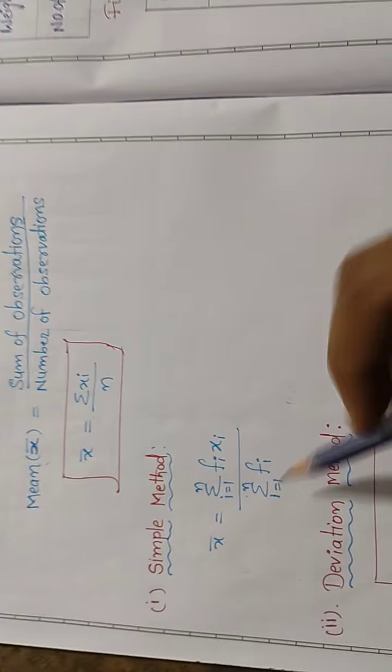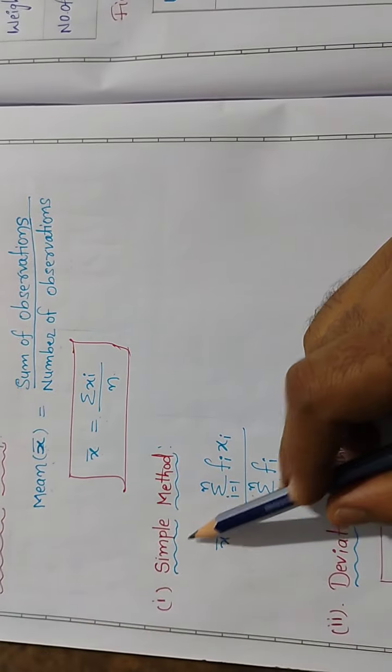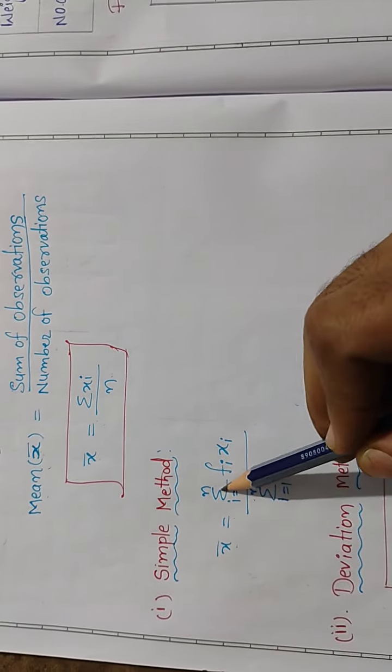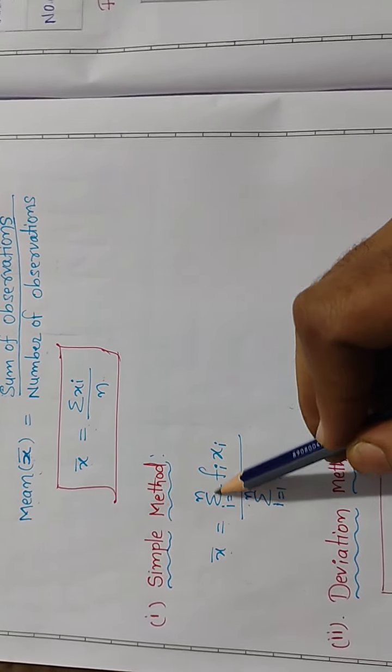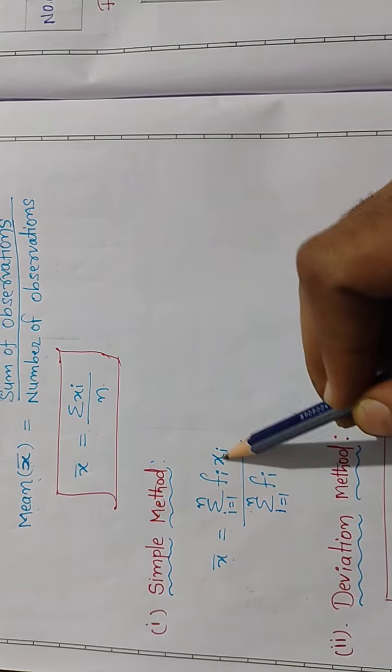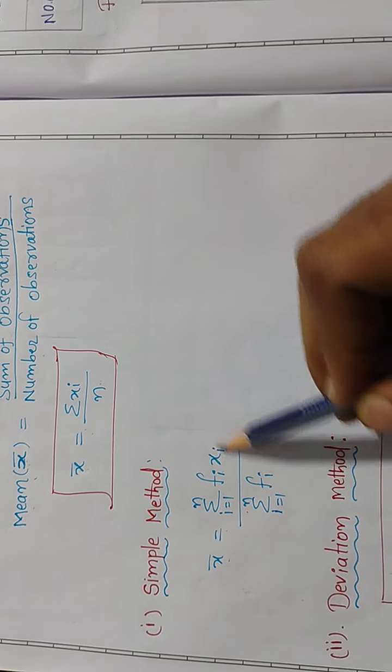In the simple method, 9th class simple method, x bar is equal to sigma fi xi by sigma fi, where f is the frequency. It is for grouped data.